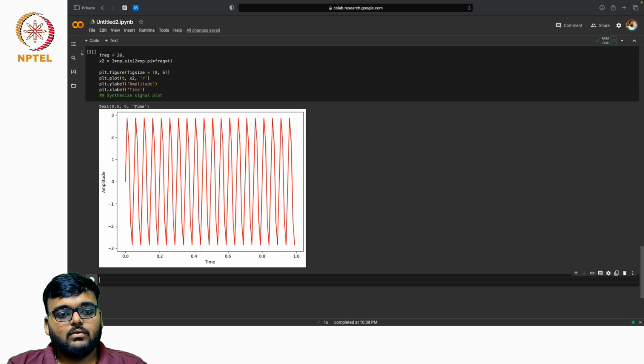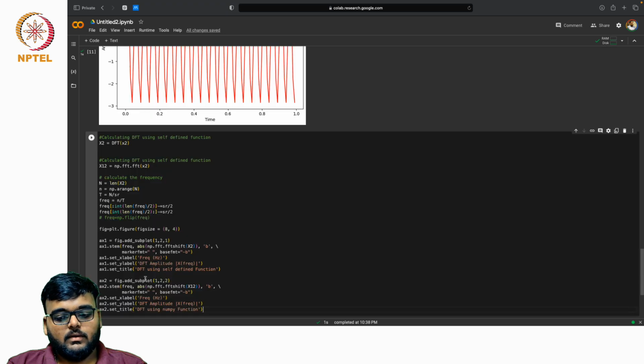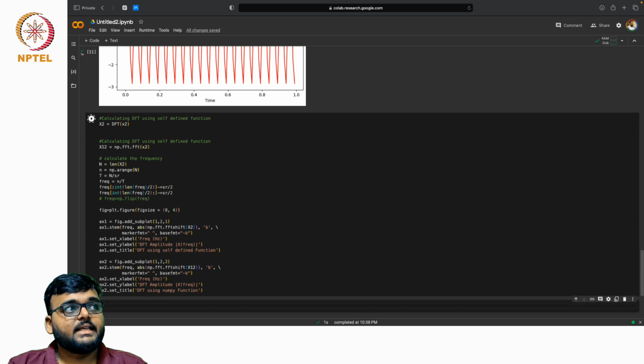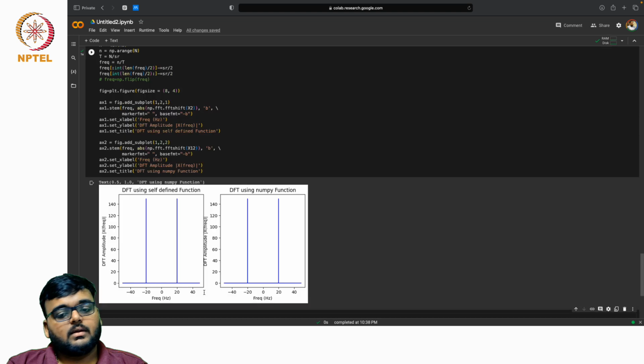Now if we try to find its FFT using our own function as well as the function provided by the NumPy library, we should expect the same thing from our function. If you see here, almost the same amplitude and the same thing we expected.